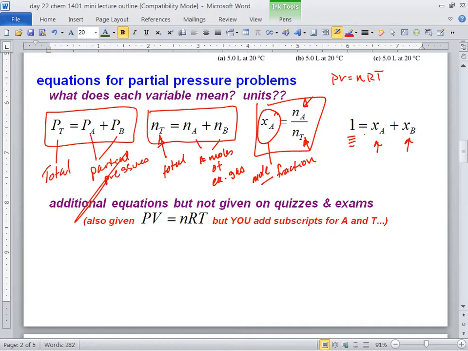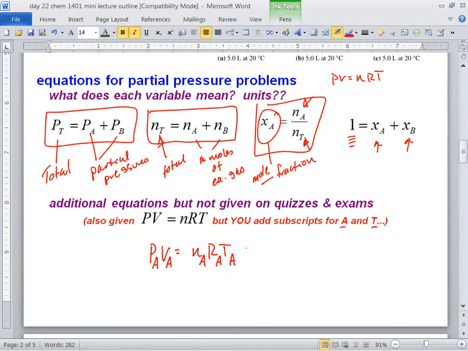Some additional equations, but I'm not giving you these on the exam. This is PV equals nRT, but you add subscripts for A and T. So what does this mean? If we take PV equals nRT, add a subscript, let's start with A, put A's on everything.